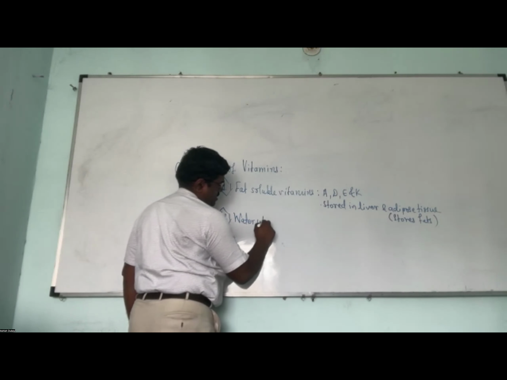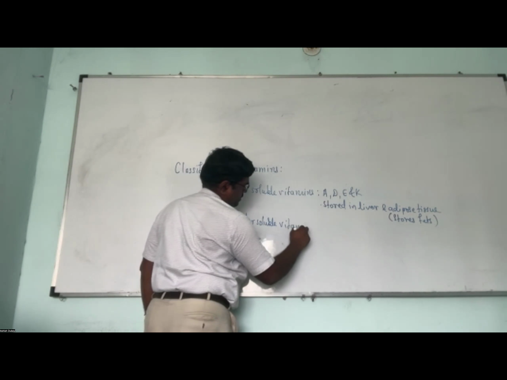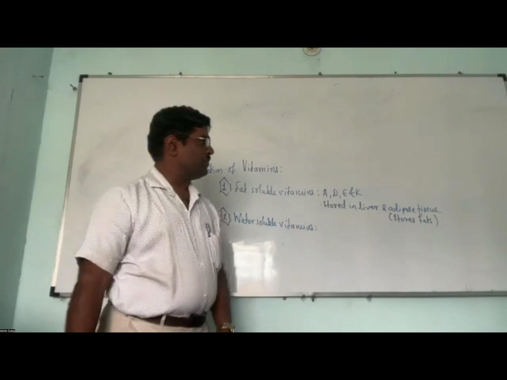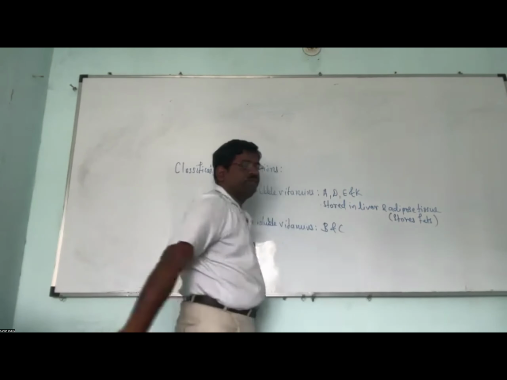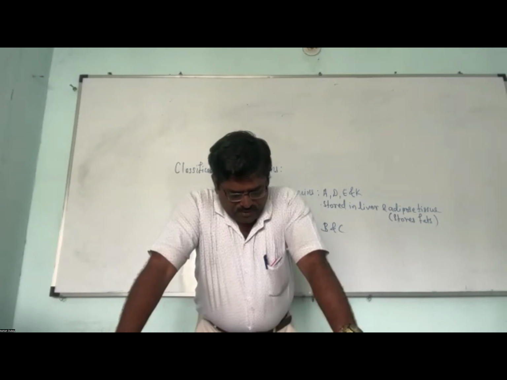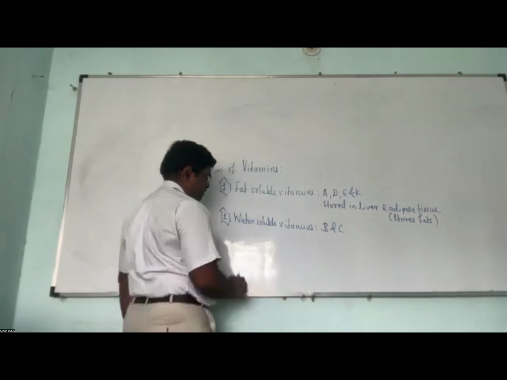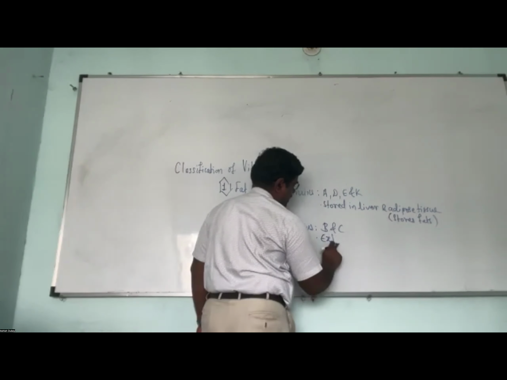Water soluble vitamins include vitamin B and vitamin C. Now, these vitamins B and C are easily excreted through urine.